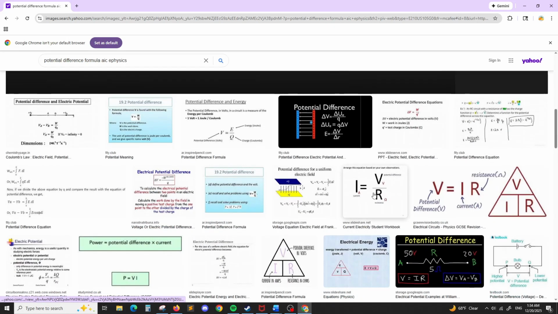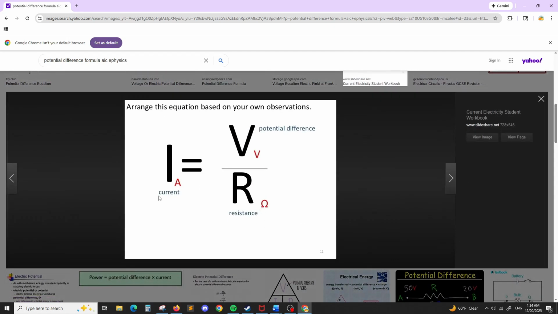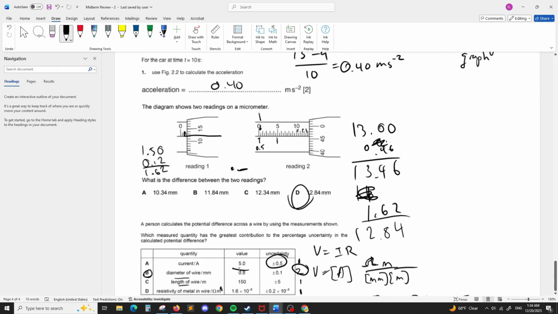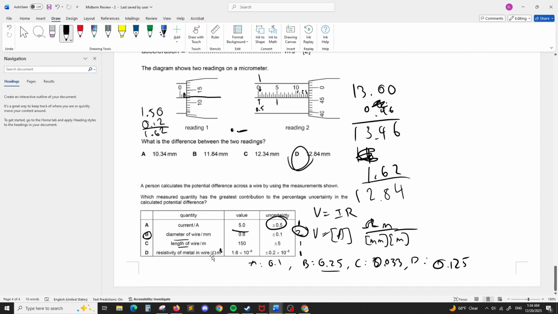Where's the V I R, right? So we have V equals A and then the ohms, right? But they give us ohms and ohm meters, so you do have to divide by a certain value of these two.